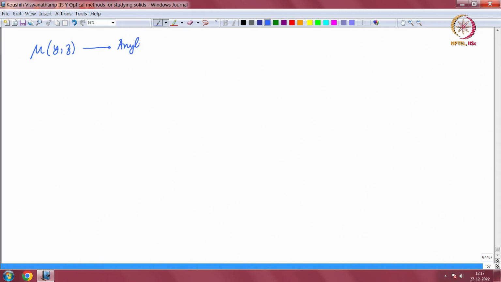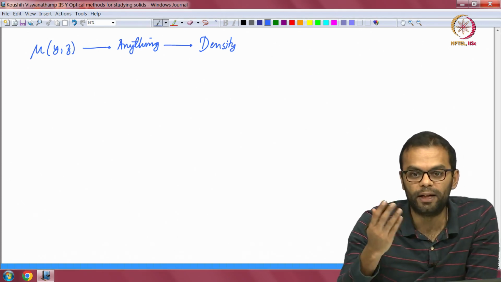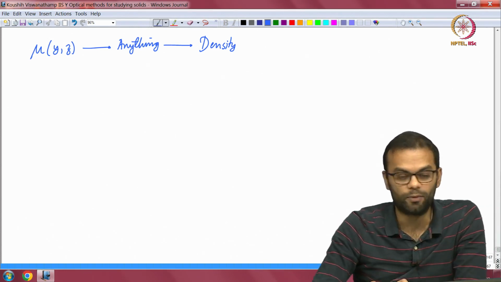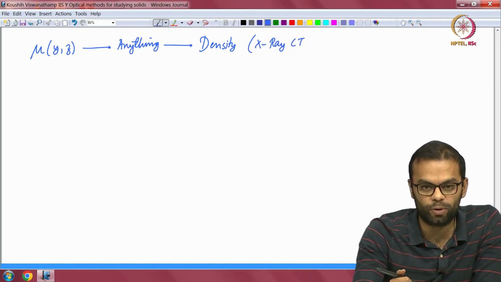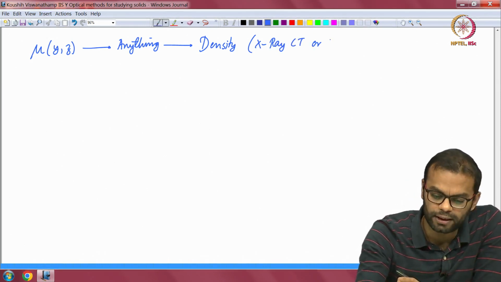It can be any physical property that is contributing to absorption. So for instance it could be density. So more matter means more electrons, which means more light is absorbed. So it could be proportional to the density in some way, and if that is the case then you are looking at X-ray.